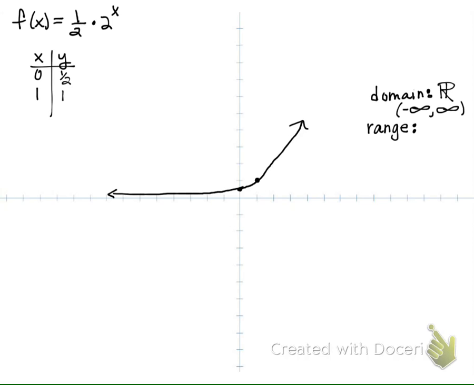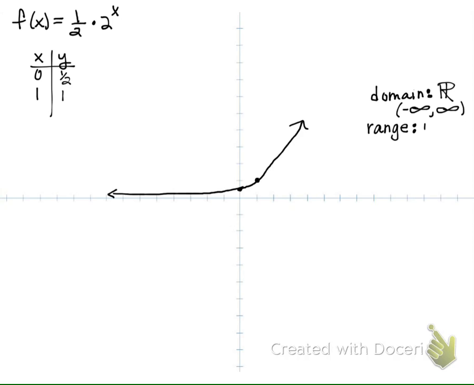But what's different now is what my range is going to be. Will I ever have, in this example, a negative output? Will I ever have a 0 output? I'll never have an answer of 0 either, will I? My outputs will always be what? They'll always be positive. They'll always be something bigger than 0.